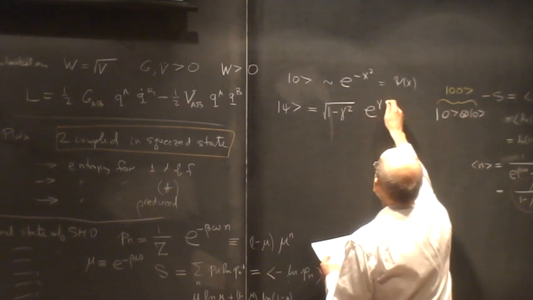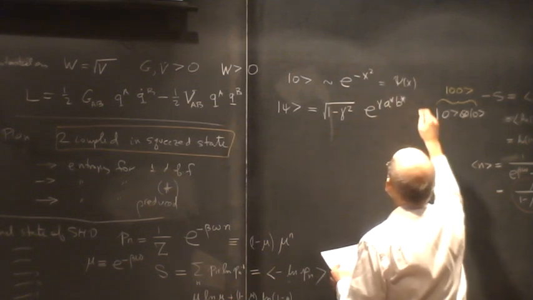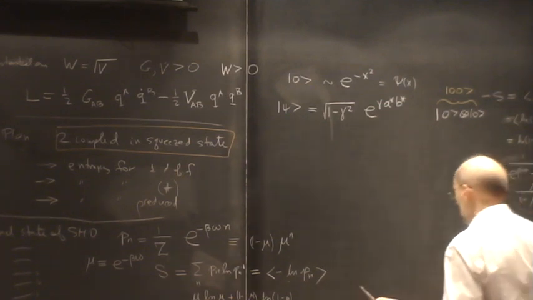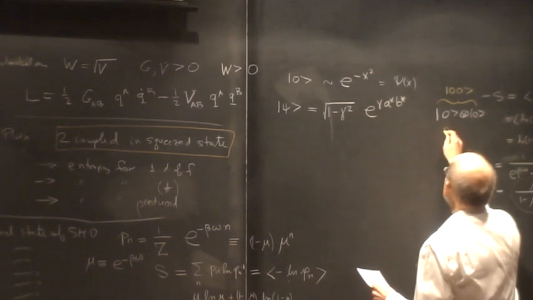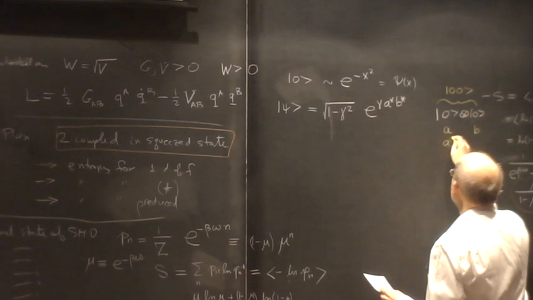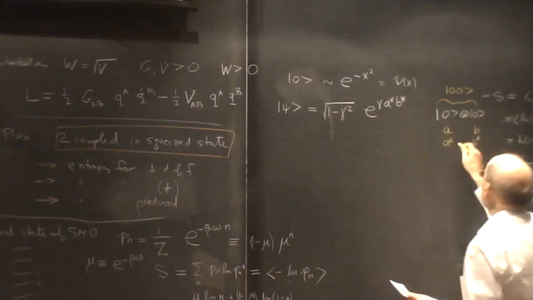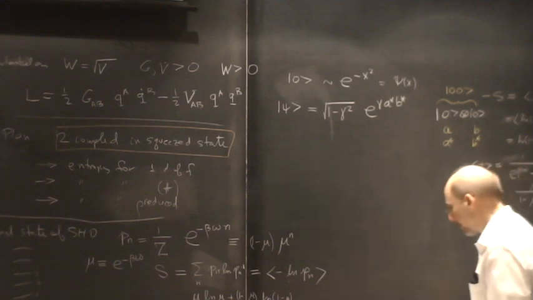So what I really want to do is this state, which I believe can be called the squeezed state, where A is the annihilation operator for the first oscillator, and B, so A and A star and B and B star are the creation and annihilation operators for the first oscillator and for the second oscillator.